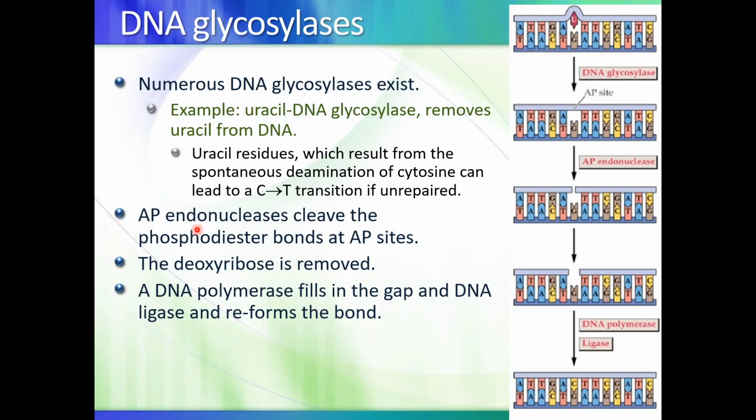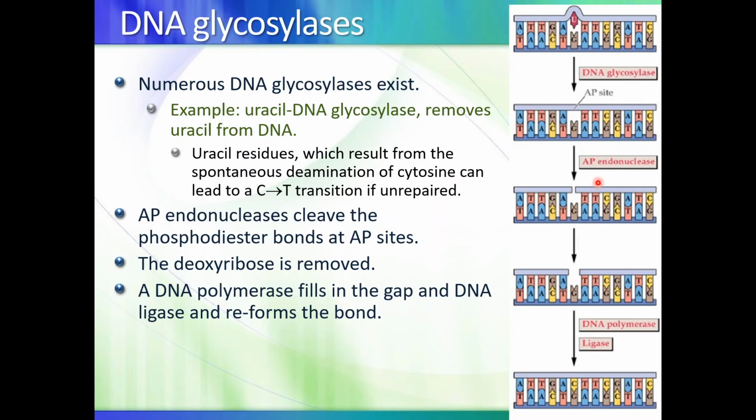Now, what happens is that if uracil stays, that would cause a C to T transition. So instead of having a C, it converts to U. If U is not removed, then instead of having UG, you would eventually have UA, and then A, if synthesized again, a T would be placed right here instead of U. Okay, so what happens afterwards is that you have an AP endonuclease.